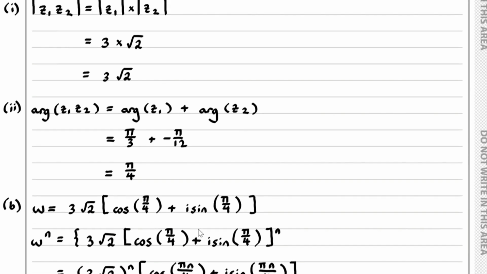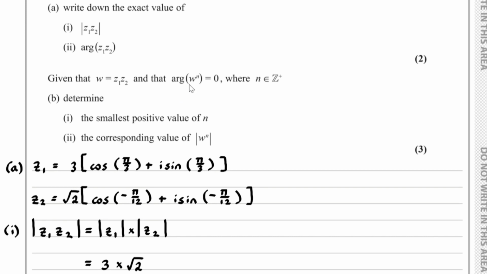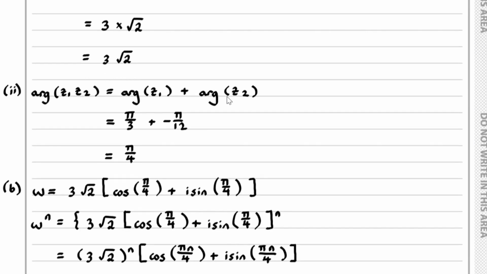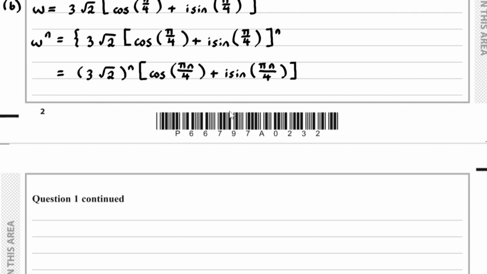Now, we know from the question that the argument of w to the power of n is equal to 0. So, if the argument of w to the power of n is equal to 0, then what's inside the bracket must be a multiple of 2 pi.